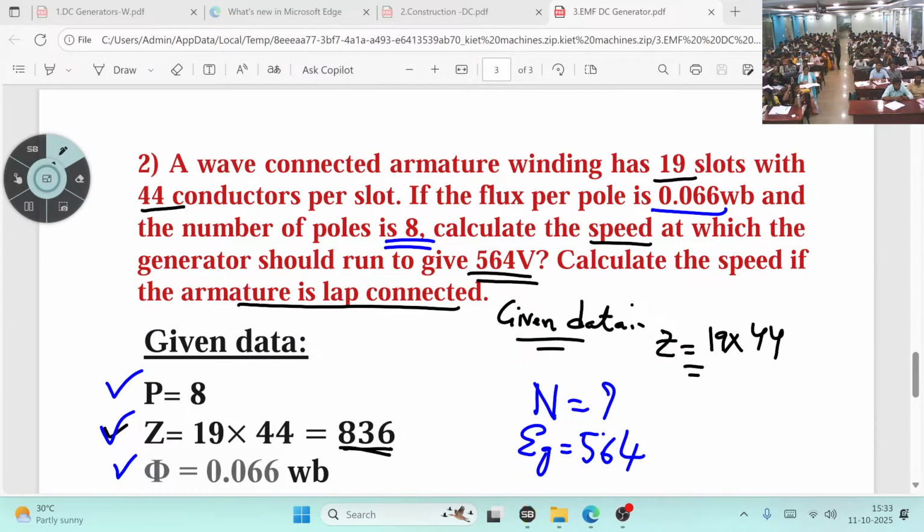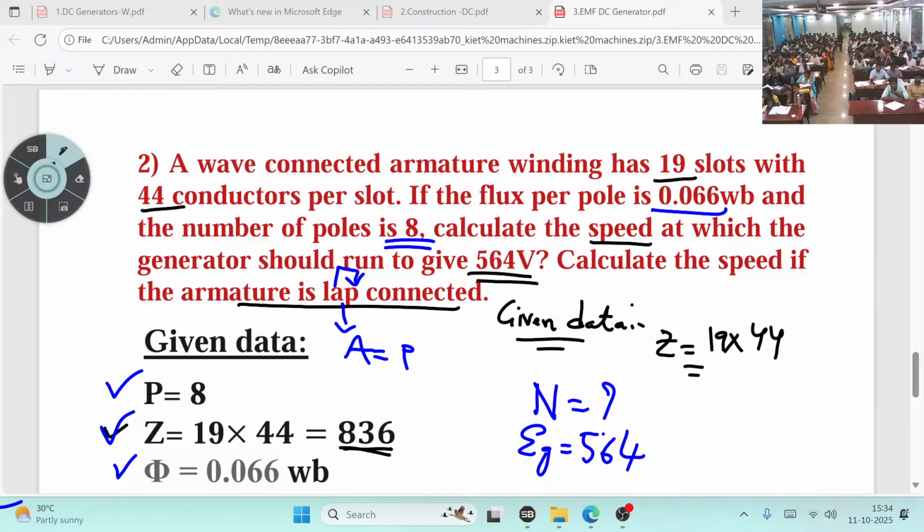What is the A value? A is equal to P. How can you know? By seeing the lap winding. Lap, L is nothing but P. Directly it can be easily remembered.